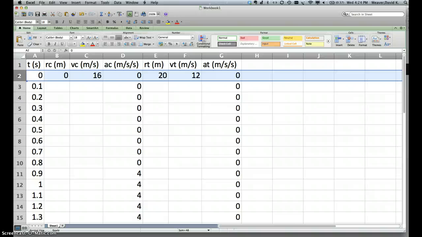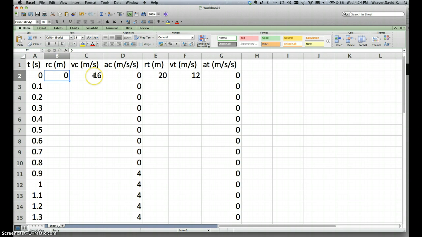In this case, they're both moving in the same direction, so I chose everything to be positive, chose the car to be at the origin, and it has a velocity of 16 meters per second, and there's no acceleration initially. The truck's 20 meters ahead traveling at 12 meters per second, and it doesn't accelerate during the entire period of time.